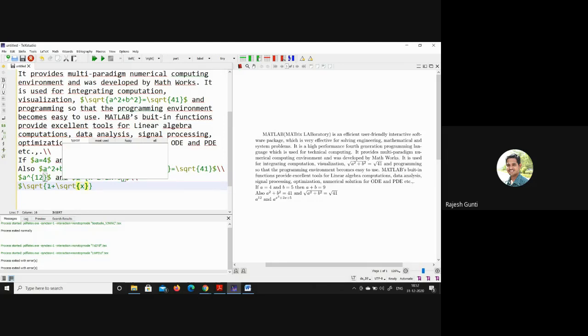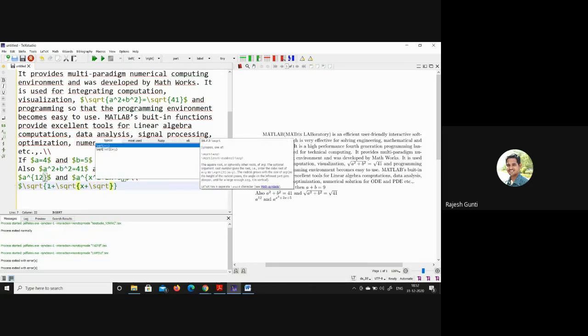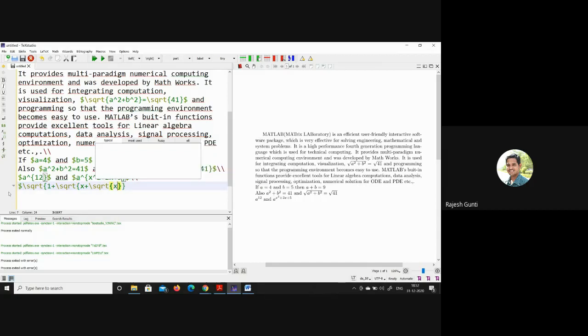I come outside again, and in between here only, again backslash sqrt of x. This first bracket is this bracket. One more bracket we have to give.